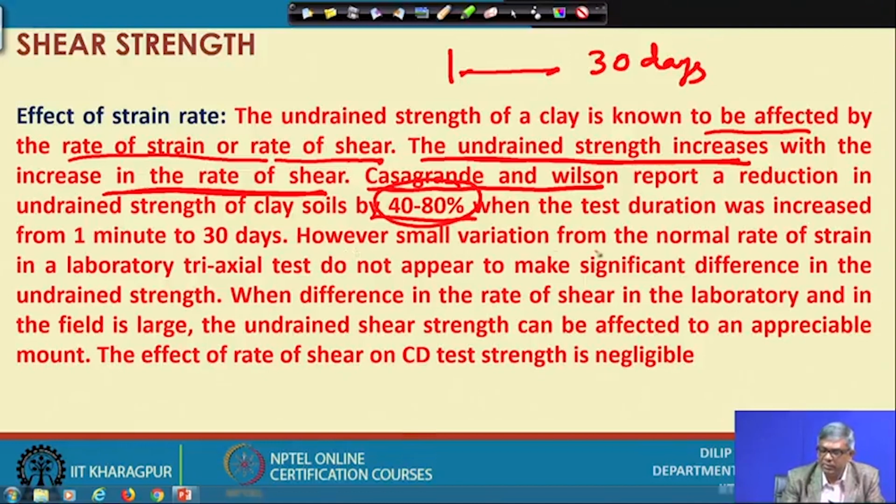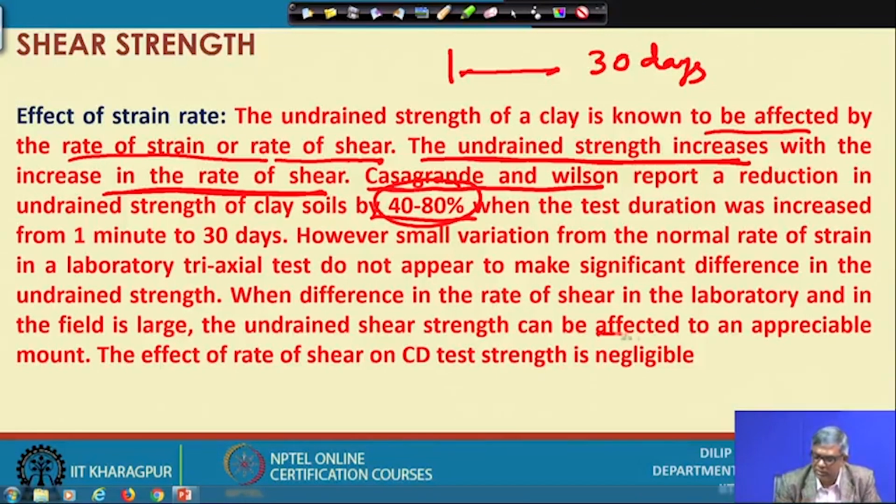However, a small variation from the normal laboratory test strain rate, which we recommend, may not affect the test. But if the shear rate in the actual field and the strain rate you apply during the test are significantly different, then you will observe an appreciably different undrained strength.